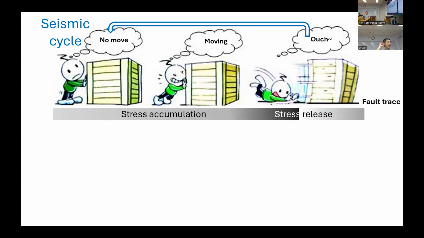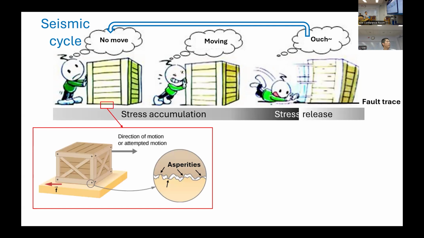In that case, the box will move along the ground. We can refer to this as a fault. So to generate an earthquake, you need to have a stress build up, and then you also need a weakening mechanism to make the box move.